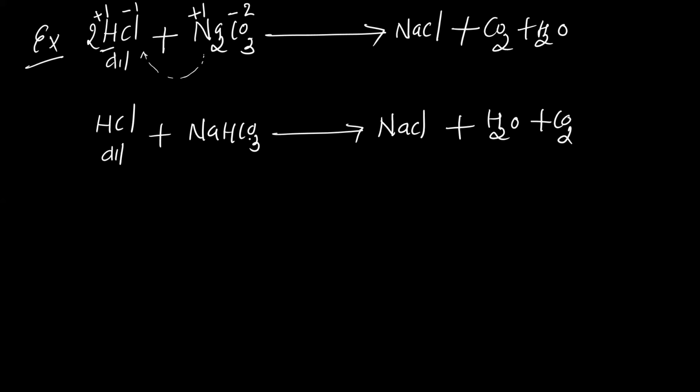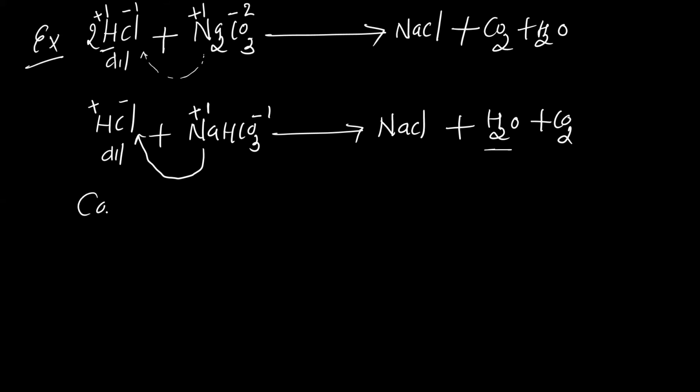Sodium will be +1, bicarbonate ion will be -1, H plus, Cl minus. So simply join plus and minus: Na plus Cl minus gives NaCl. Here H plus HCO3 minus gives H2CO3, carbonic acid, but we will not show the carbonic acid because it immediately decomposes and gives water and CO2 gas.